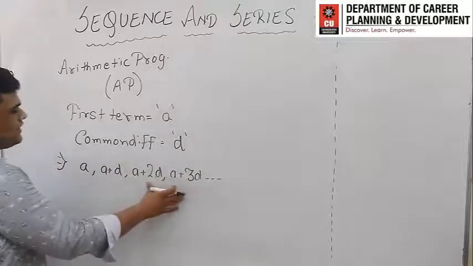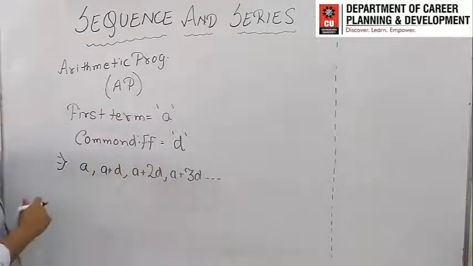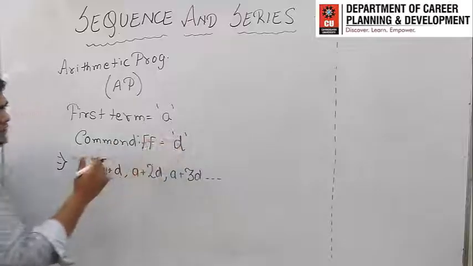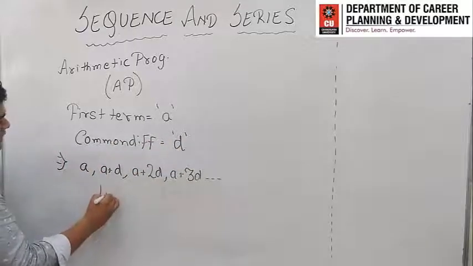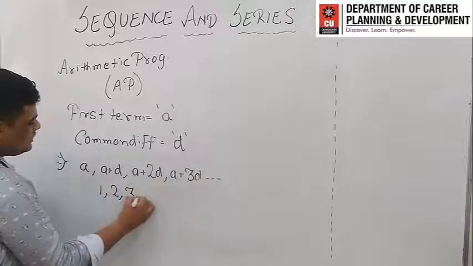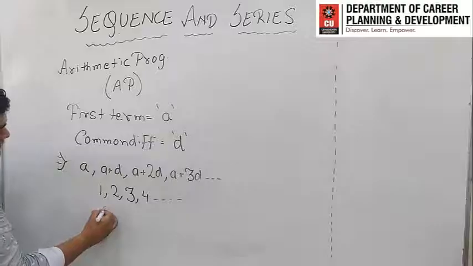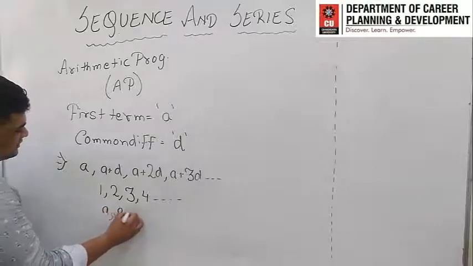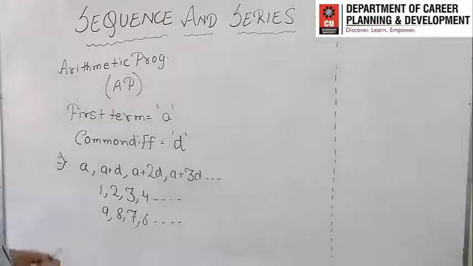If it has to be in descending order, then the value of D can be negative. If you have to arrange in ascending order, then this D value will be positive. Now let us take an example. If I take 1, 2, 3, 4 and continuously, this will be our series. Then we can say 9, 8, 7, 6. This can be our series.